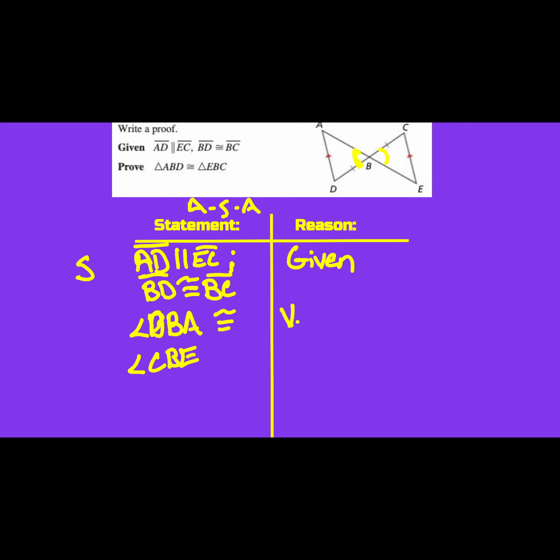And this would be because they're vertical angles. So that would give us our second angle here.